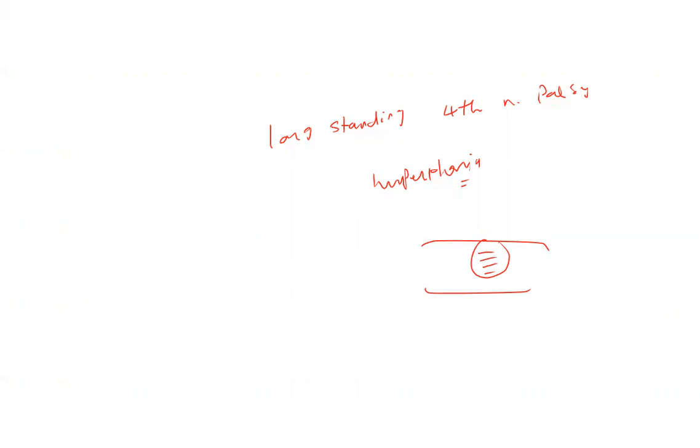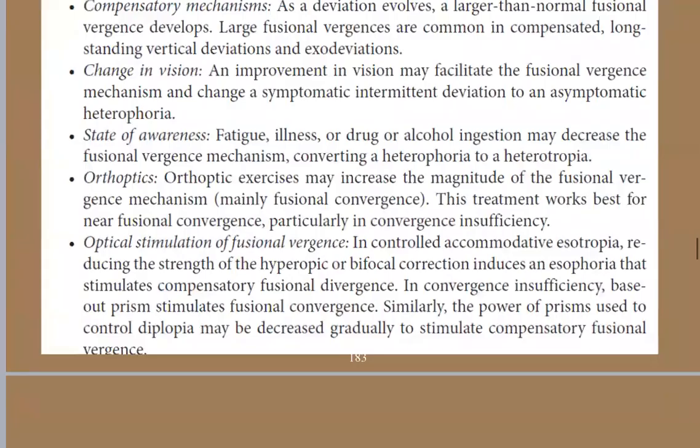The vertical fusional vergences of this eye will be higher than normal. It may reach 10 prism diopters, and this is extremely large. This is intolerable. If you put 10 prism diopters in front of this eye, it won't see diplopia. But if you put 10 prism diopters in front of any normal eye, it will see diplopia. So there will be enlargement in the vertical fusional vergences for cases of congenital fourth nerve palsy.